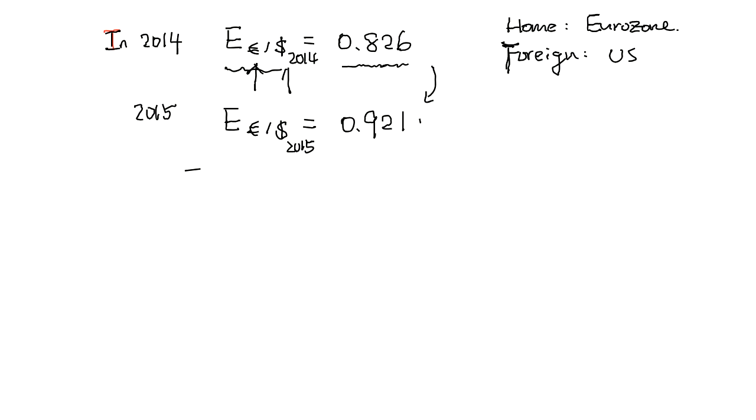It means if I am a citizen in the European Union, I'm German, the cost I have to pay in exchange for 1 unit of the dollar has increased, right? I have to pay more to buy the same unit, which is 1 unit of the US dollar. So that means, Emily, you are right.